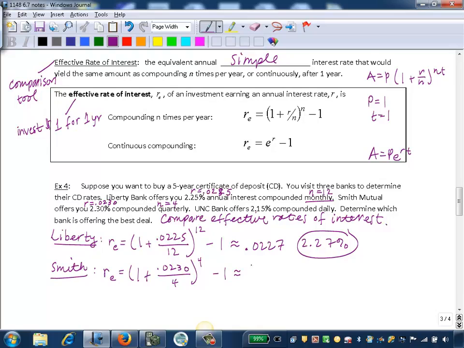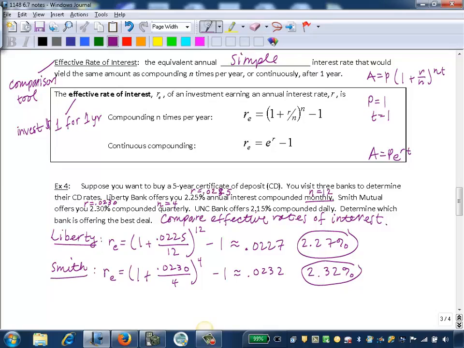You can enter that into your calculator and you're going to get approximately 0.0232. So that is 2.32%. So the effective interest rate for the Smith Bank is 2.32%. We can see this one is higher. So even though there are fewer compounding periods, only 4 for Smith, because that initial annual rate, the 2.30, is higher, this actually ends up being a better deal.